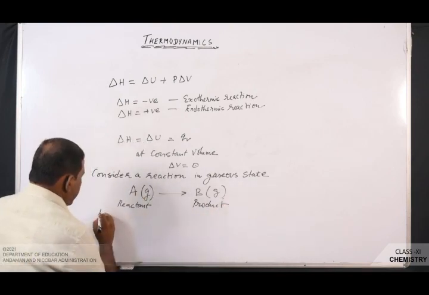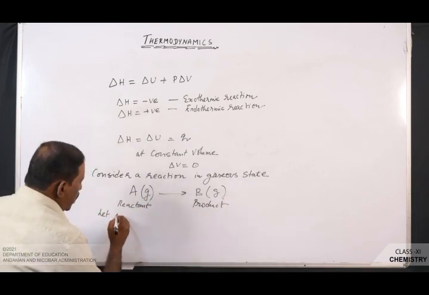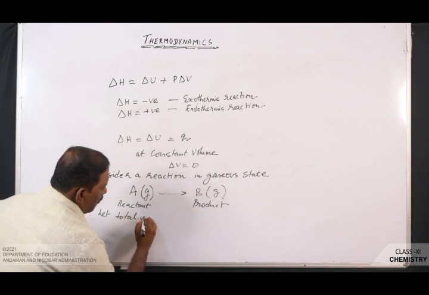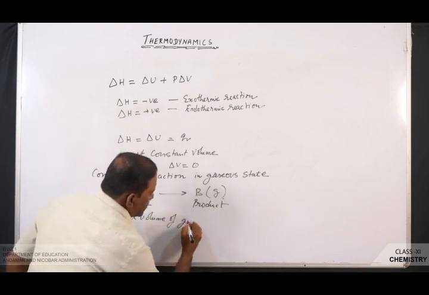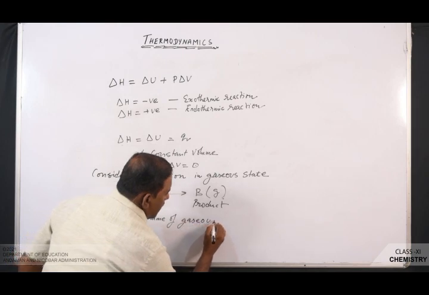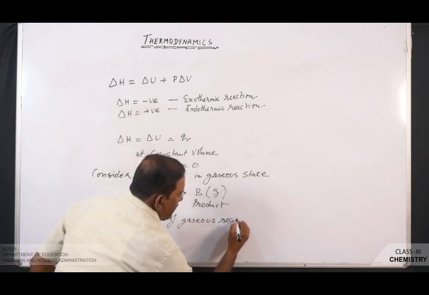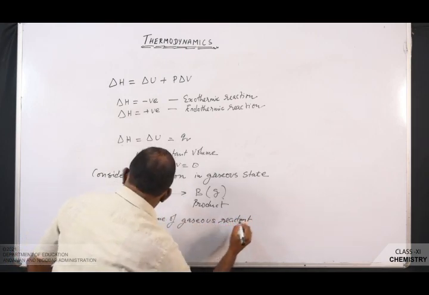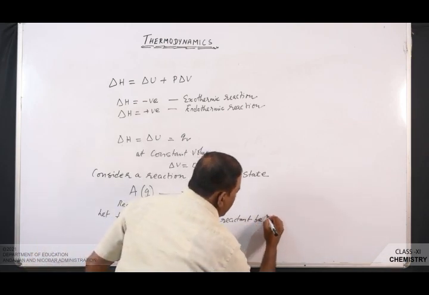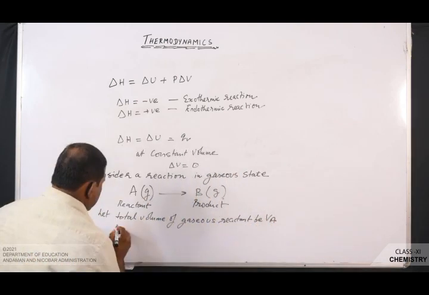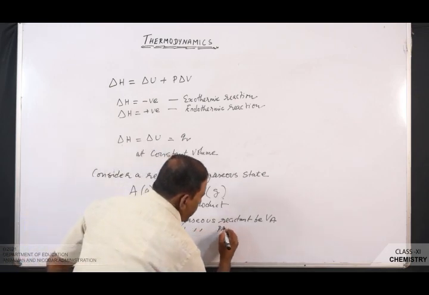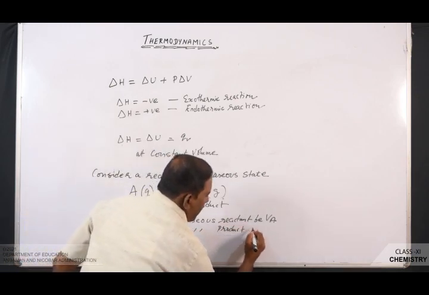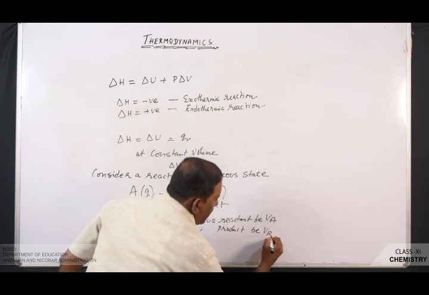So let the total volume of gaseous reactant be VA. Similarly, the total volume of gaseous product be VB.